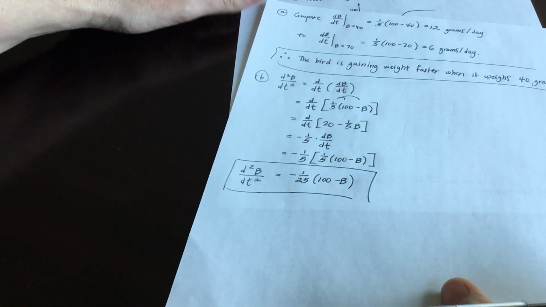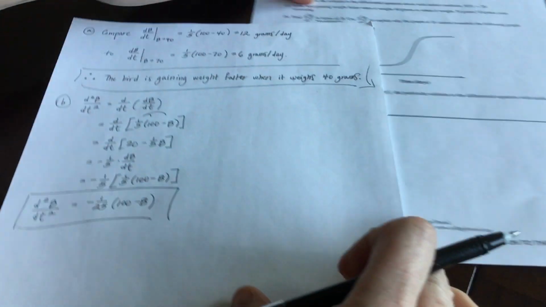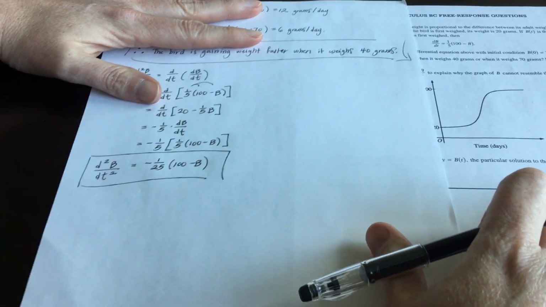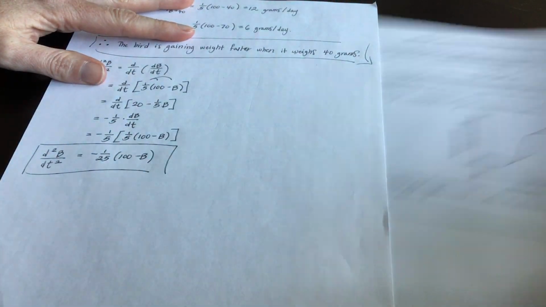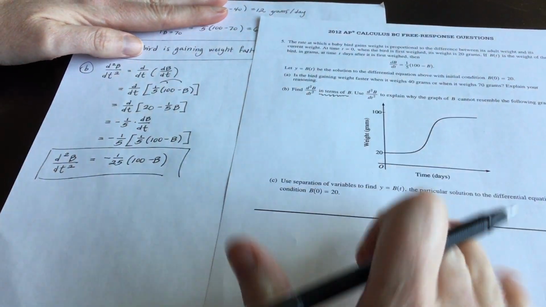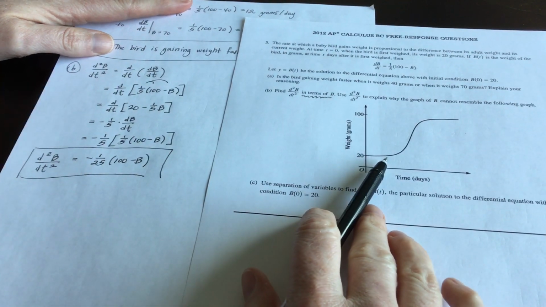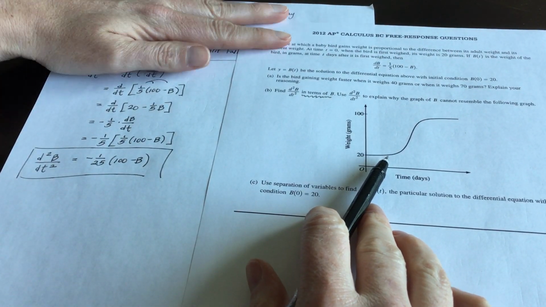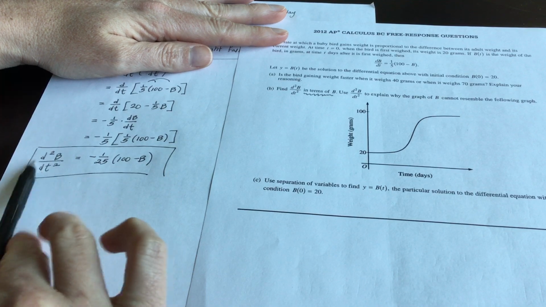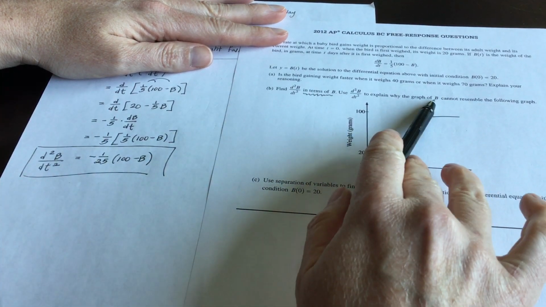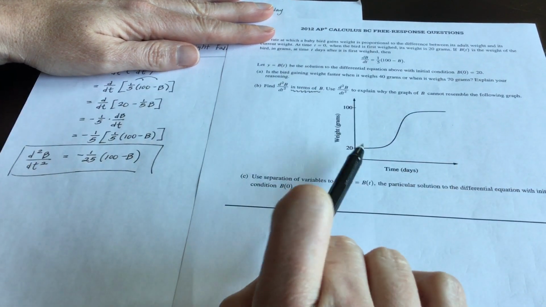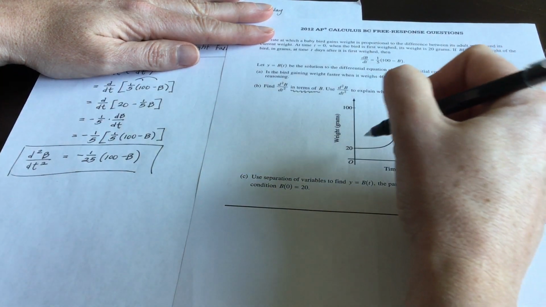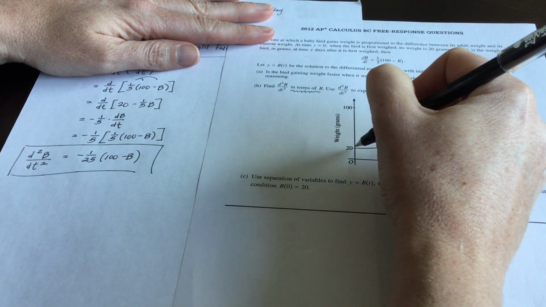Okay. Now, they want us to explain why, if this is the second derivative, why is it that this cannot possibly be the graph of the function? Well, what does a second derivative tell you about a function of something called b? Here, it would tell you concavity. Well, this graph, it looks like it's concave up.